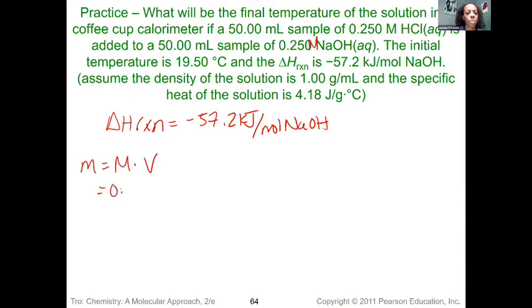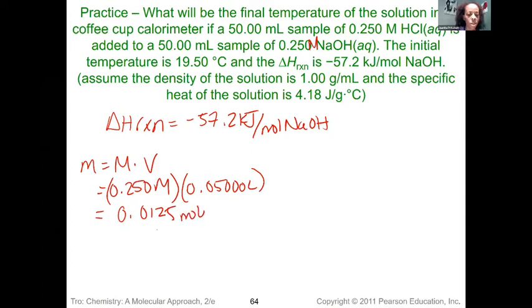So we could take the molarity, which is 0.250, times the volume, which is 0.0500 liters. And that would give us 0.25 times 0.05, and that gets us 0.0125 moles of NaOH. And so to get rid of the moles here, we would just need to multiply by that value.